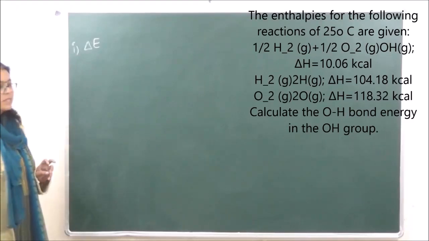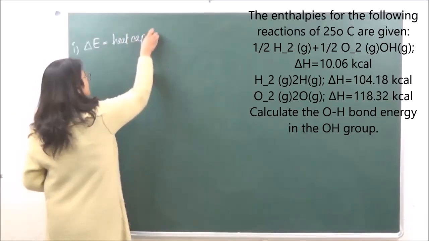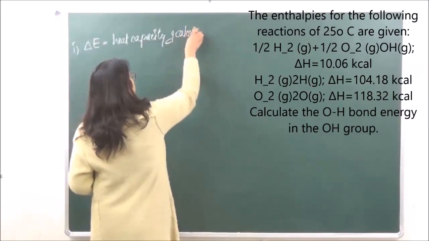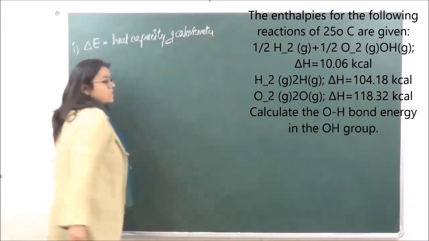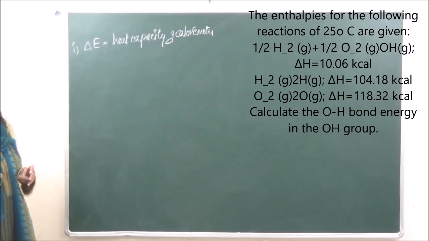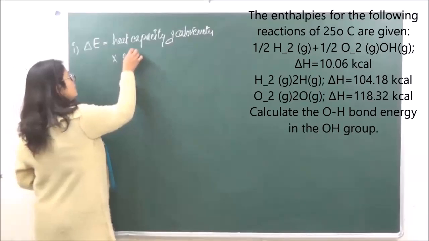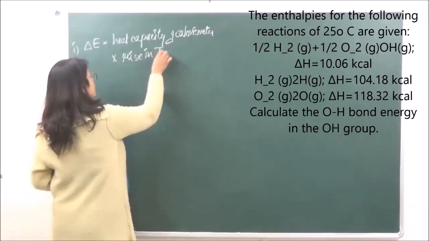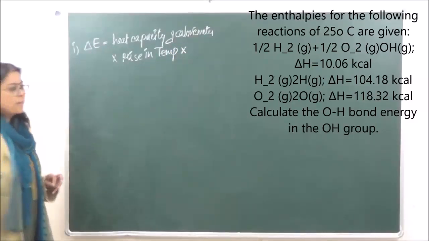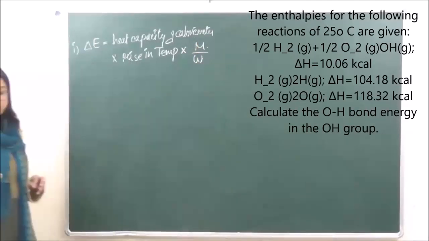Heat capacity of the calorimeter plus its contents, whatever is present in the calorimeter, into rise in temperature, into molar mass upon mass of the compound. So this was our formula we had just discussed: molar mass upon mass of the compound.